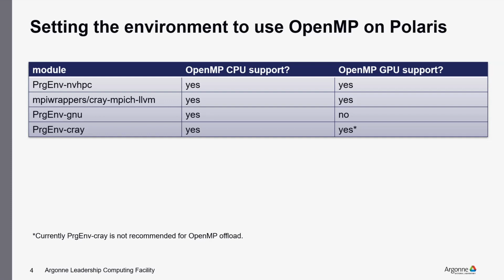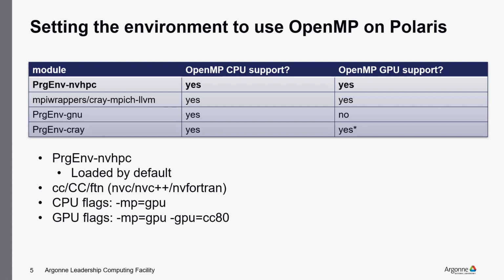However, if you work cross-platform, for example on the Frontier machine, Cray Fortran is the only one that supports OpenMP offload with reasonable support. So you can also play with it on the Polaris machine, although as we noted, it's not a recommended one.